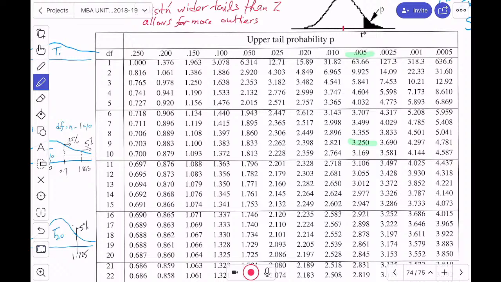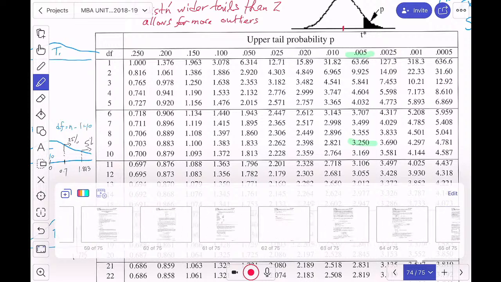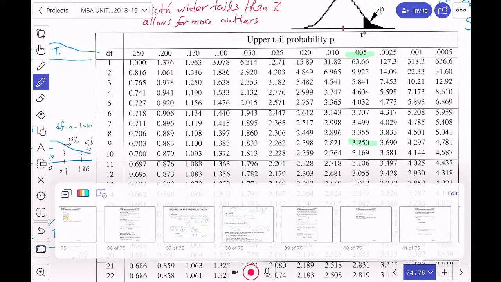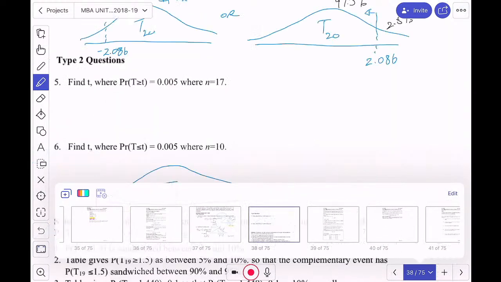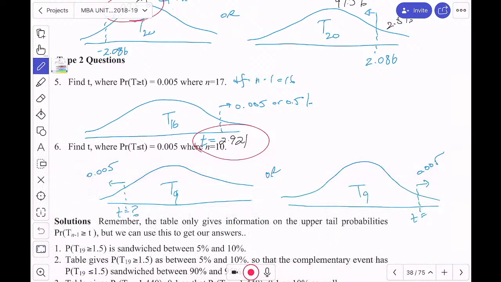So the answer is the left side. So the answer is negative 3.25. Okay?